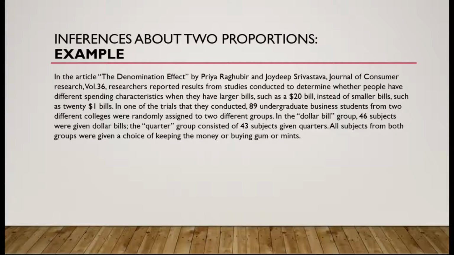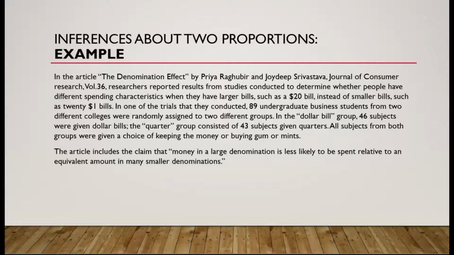In one of the trials that they conducted, 89 undergraduate business students from two different colleges were randomly assigned to two different groups. In the so-called dollar bill group, 46 subjects were given dollar bills. The quarter group consisted of 43 subjects given quarters. All subjects from both groups were given a choice of keeping the money or buying gum or mints.